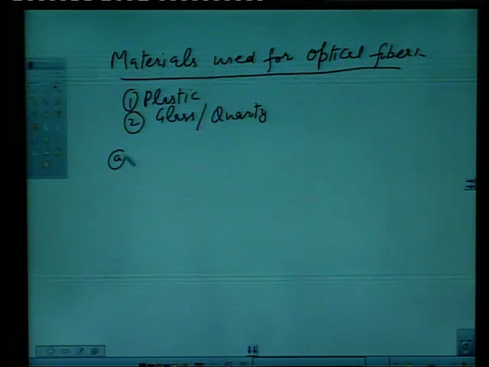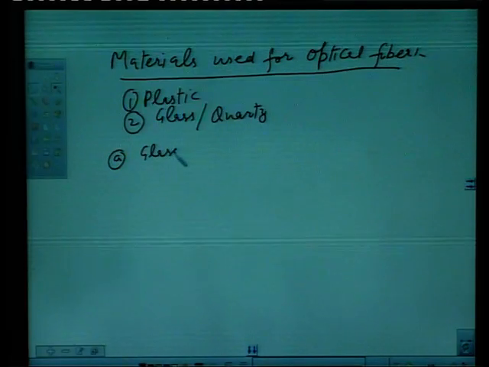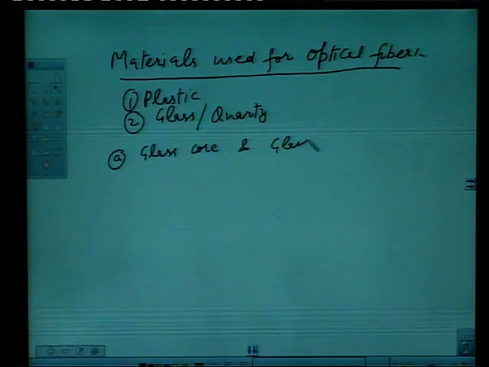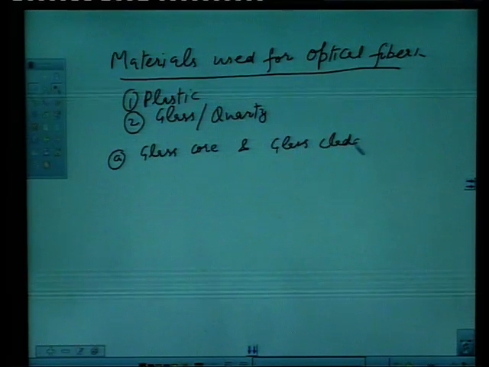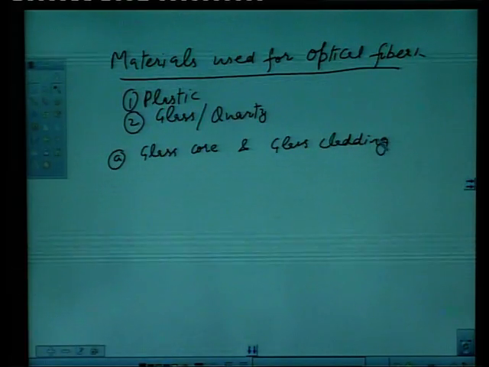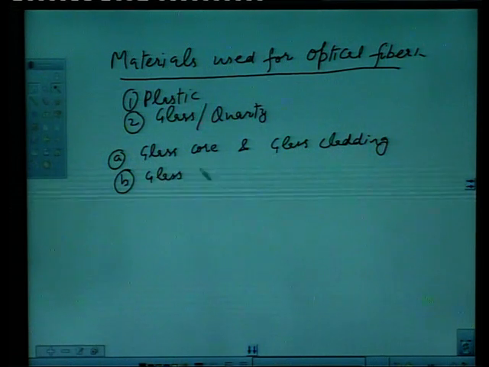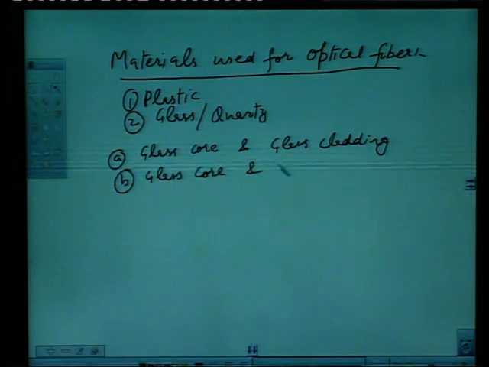First is glass core and glass cladding. The second is glass core and plastic cladding.